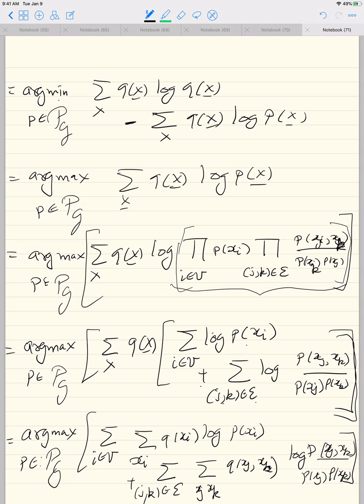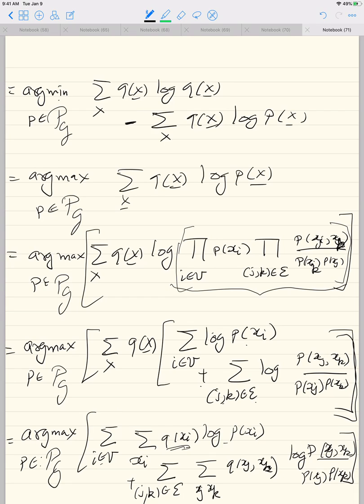So this can be written as, if we interchange the first two summations, then we have summation over i in V and summation over x of qx log p of xi. But because this term does not include the other symbols in x except xi, we can marginalize qx with respect to all other variables, and what we are left with is q of xi here.